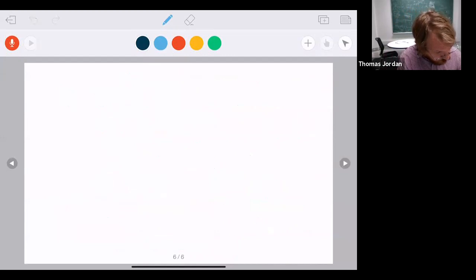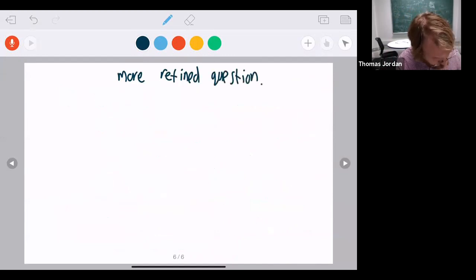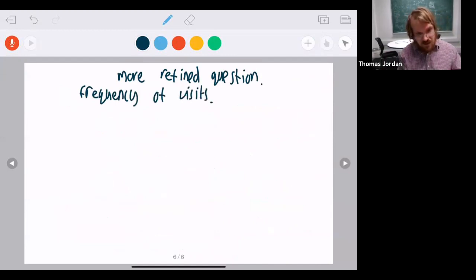So that is one notion of randomness. Now, a more refined question could be frequency of visits. In fact, you can say more than always hitting these intervals; in terms of a limit, you can say how often they will.